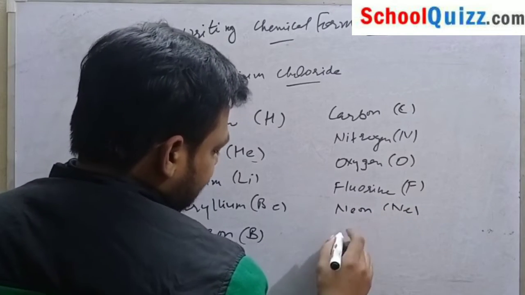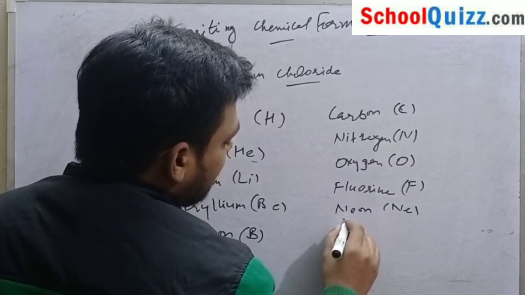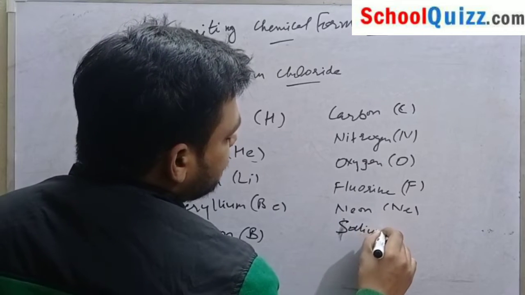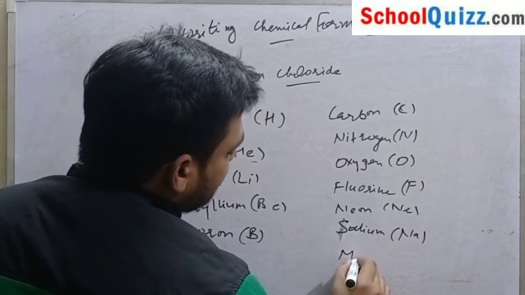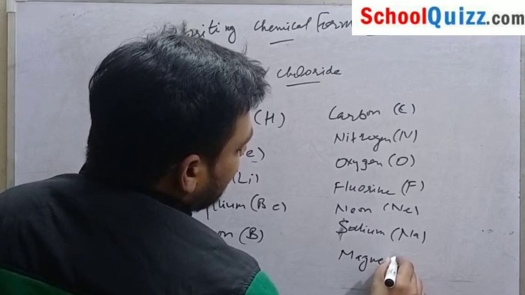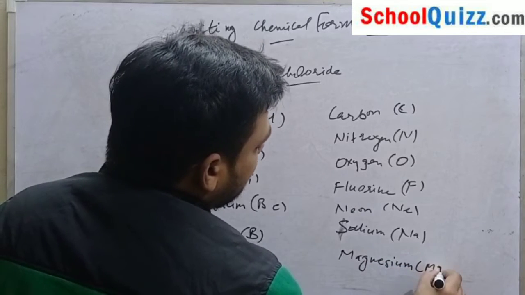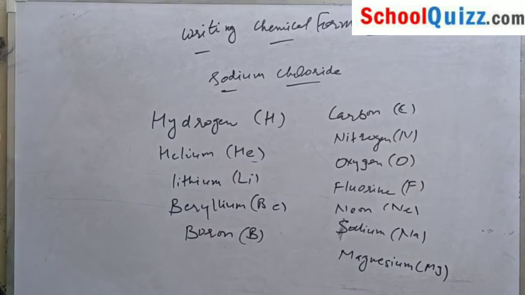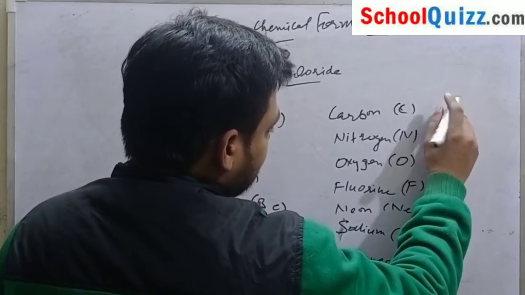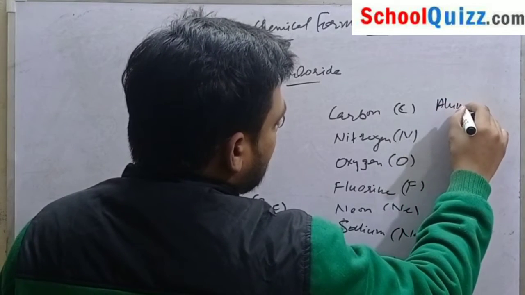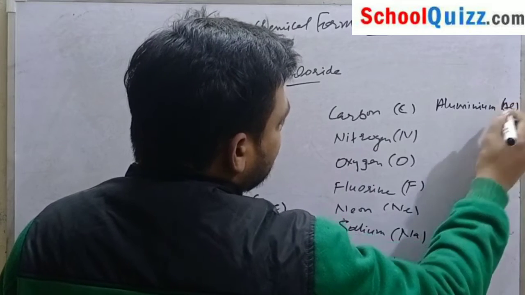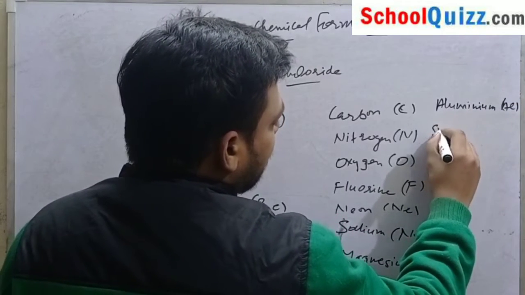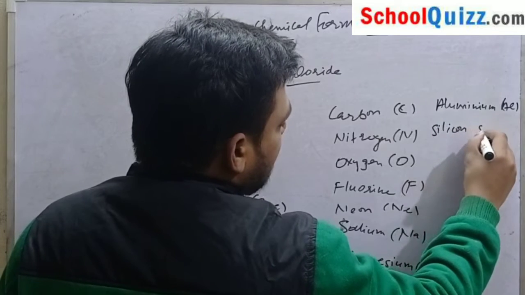Next is neon, Ne. Next is sodium, very important, that is Na. Next one is magnesium, that is Mg. 13th is aluminium, that is Al. Next one is silicon, Si.